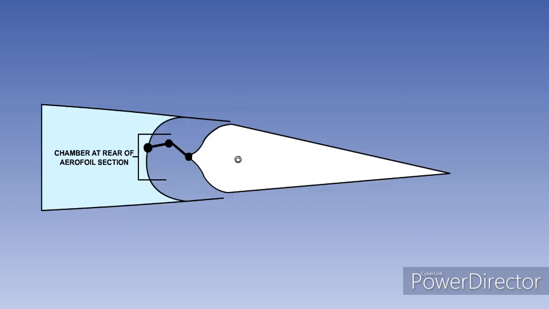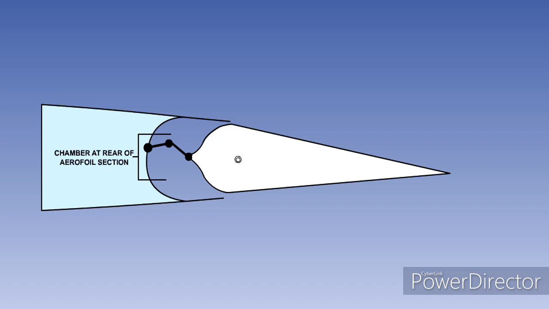Internal balance works on the same principle as the setback hinge, but the balancing area is enclosed inside the rear of the main aerofoil section. This forms a chamber split into two halves by a flexible diaphragm, the areas of which will feel the same changes in pressure as are produced above and below the control surface.